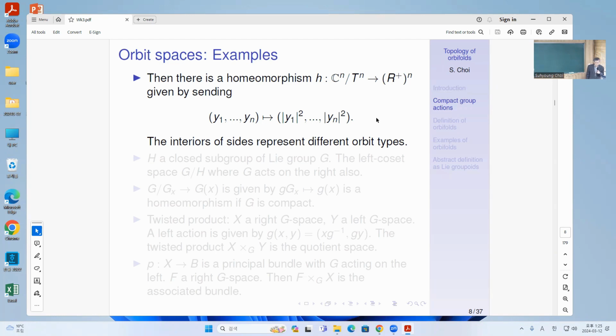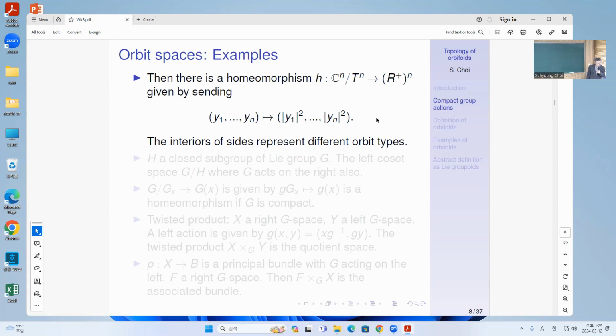If you take the interior of these sides, this will give you different types of orbits, with different types of stabilizer elements. And of course, the interior of everything, where everything is non-zero, will be the most general type of orbit.